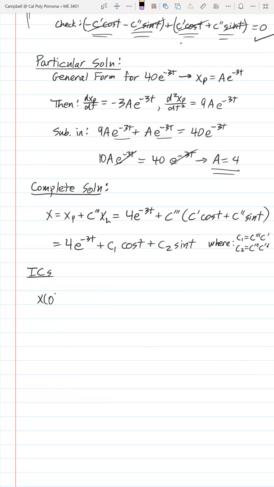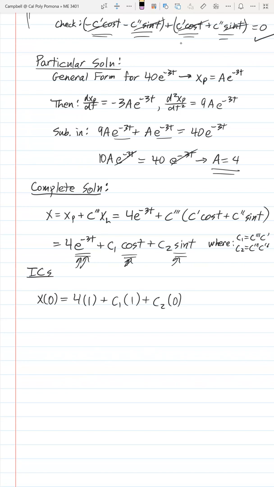So x naught is equal to, so we plug in t equals 0. Obviously, this will be 0. This whole one will be 0. Here, cosine will just be 1. Here, the exponential function will just be 1. And so we end up with 4 times 1 plus C1 times 1 plus C2 times 0.